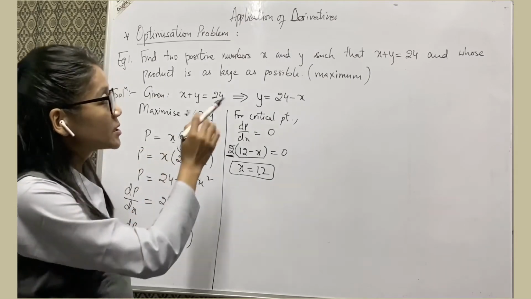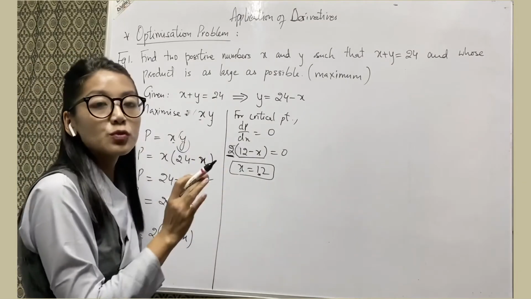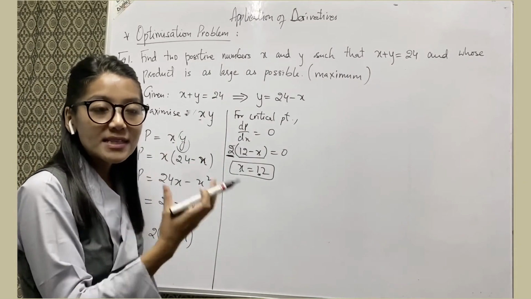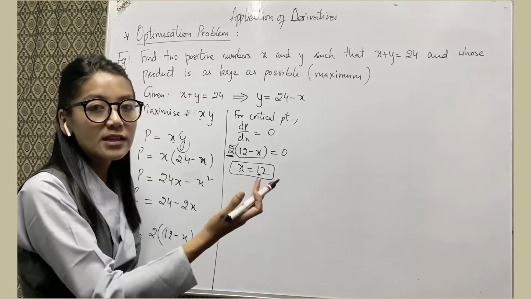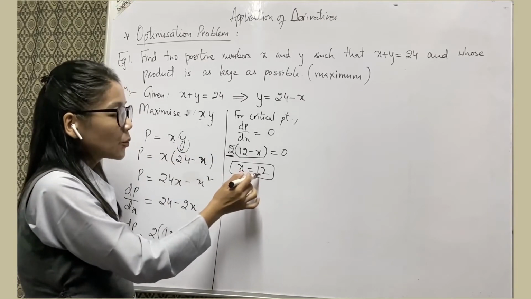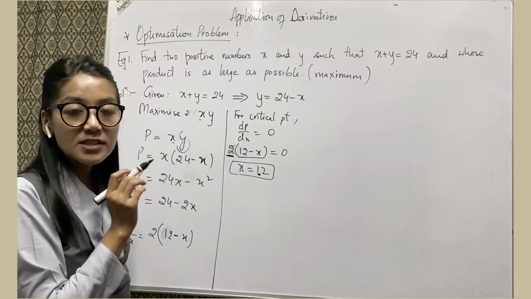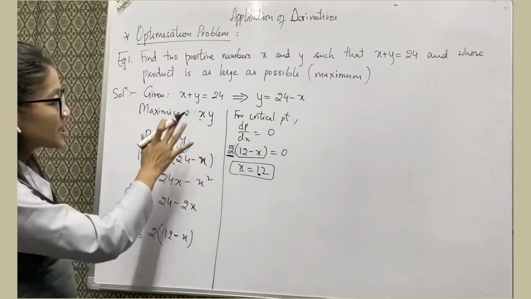But since the question is a maximizing problem, then obviously when x is equal to 12, the product is maximum. So when x is 12, what will be the other number? That you can find out. But we have to prove that it is maximum when one of the numbers is 12, okay? So for that we are going to use the second derivative test. So these are the steps you have to follow.